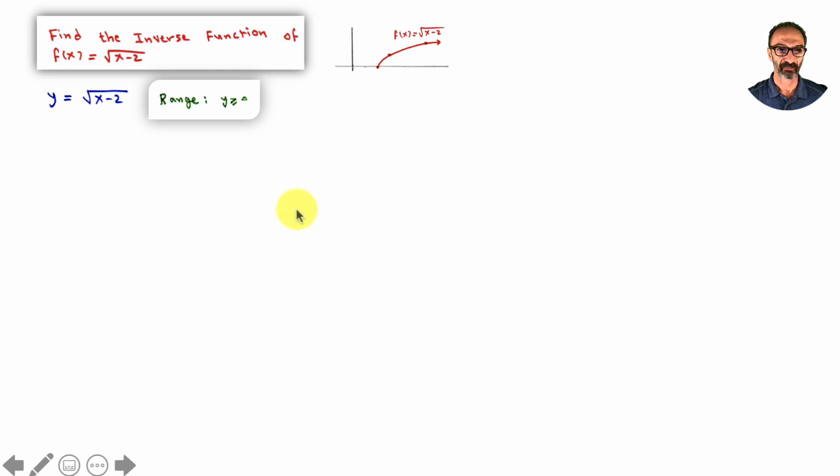Let's take a look. Switch x and y. We're going to switch x and y. So we're going to write it as x equals square root of y minus 2. And we're going to square both sides.